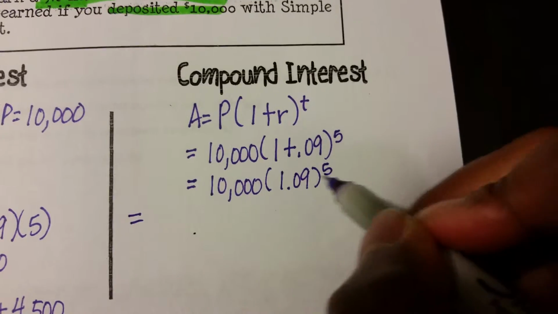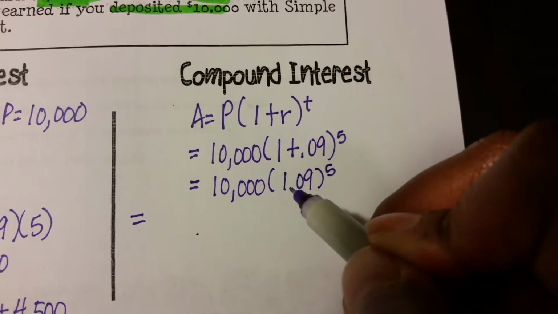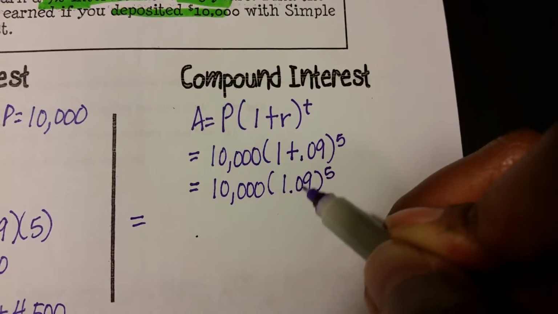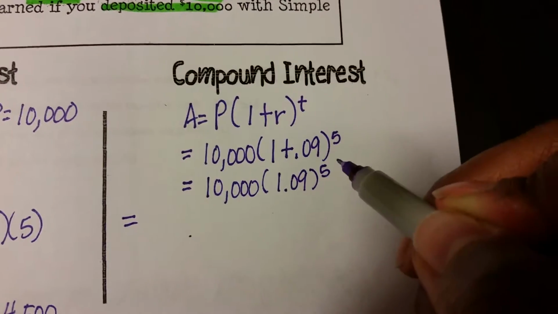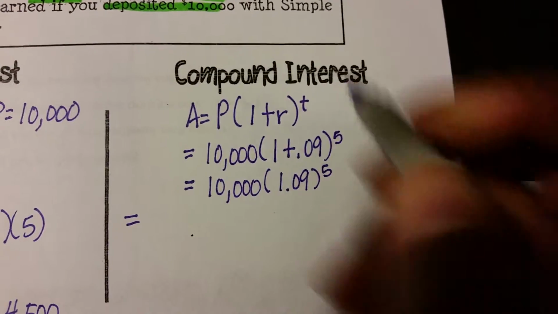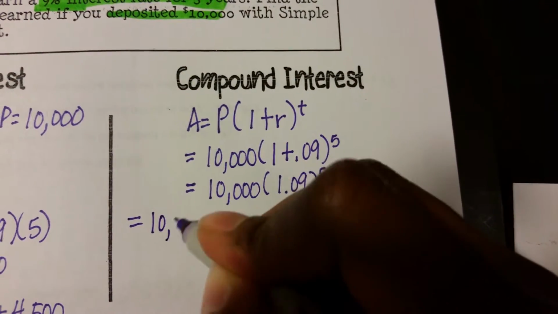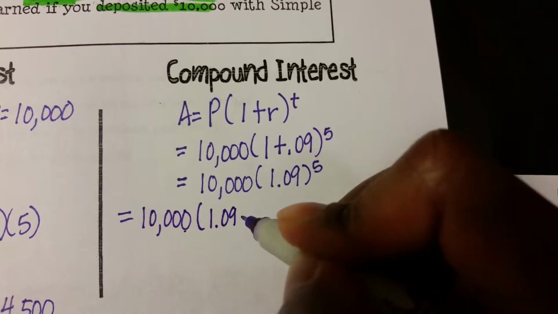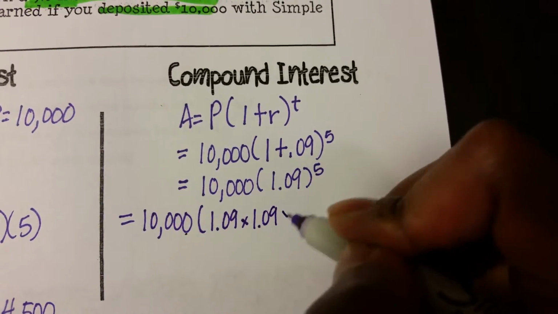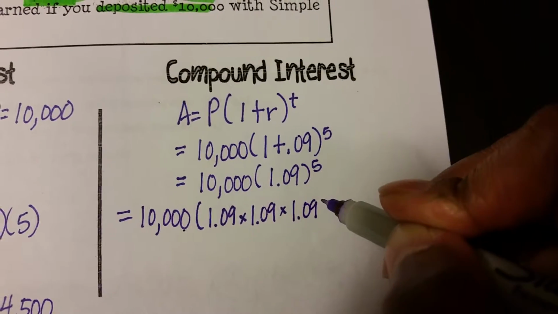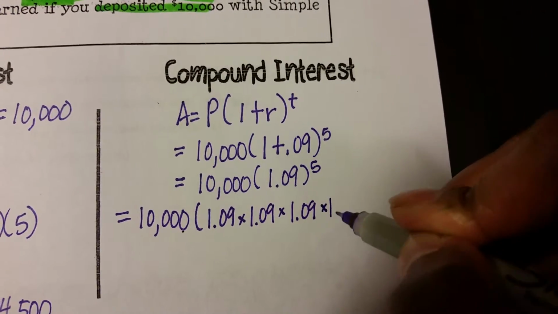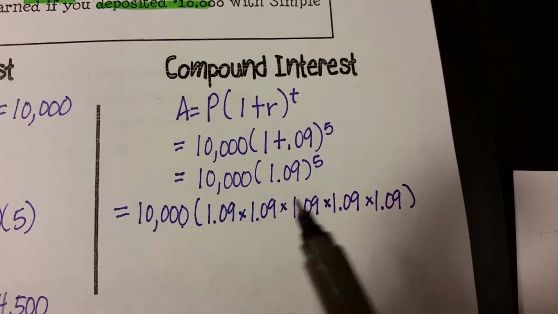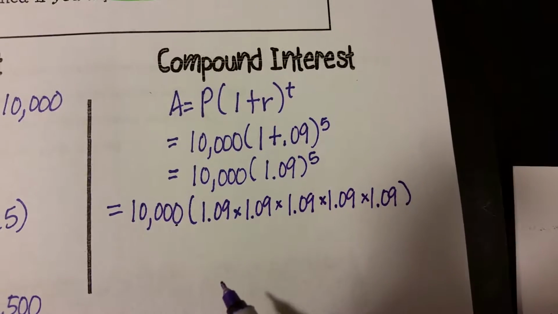Now I'm going to break this down right here so you understand. This is not 1.09 times 5. This is 1.09 times 1.09 times 1.09 times 1.09 times 1.09. So to make you understand that, I'm actually going to write that out, five times, just so you can see, that's what that means.